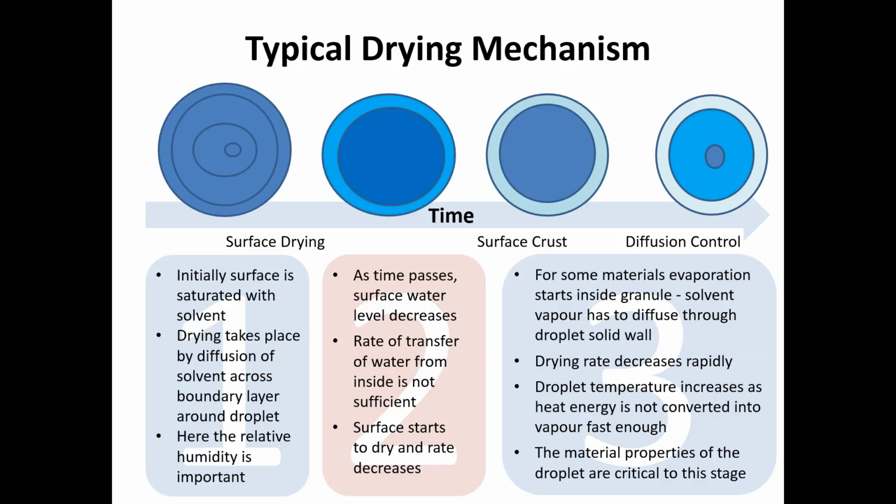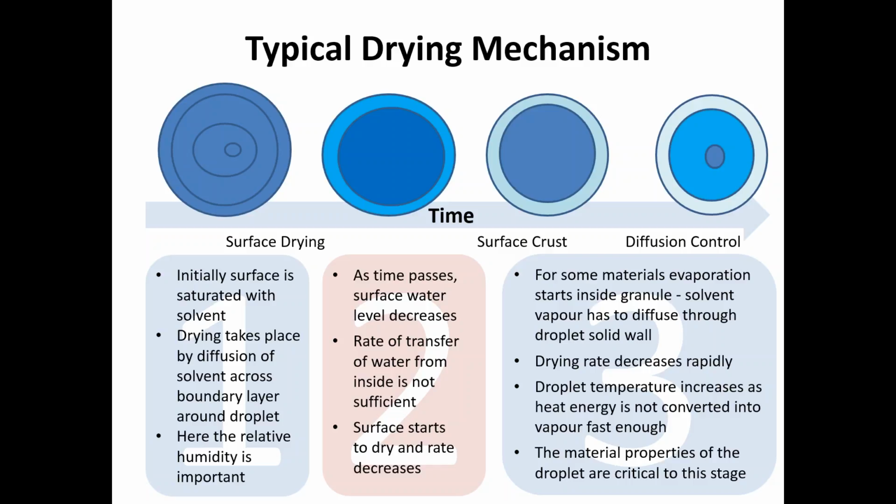Over time, the surface water reduces as the transfer of water from the center slows down, and the droplet water content in general reduces. Then the surface starts to dry out and crust, and it is no longer saturated, and so the drying rate reduces. Water is not moving from the inside to the surface of the droplet fast enough to cope with what is lost through drying.